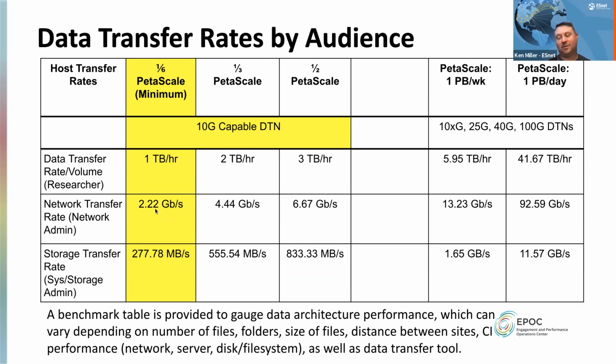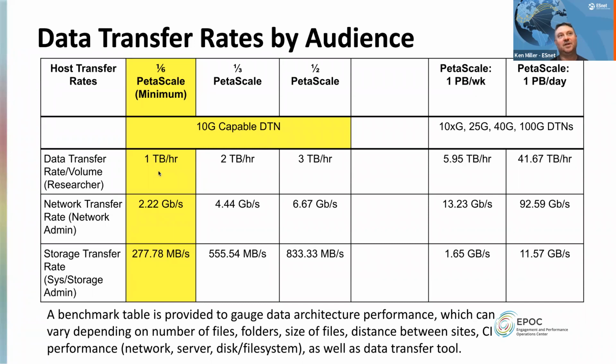But when you talk to different groups, the different audiences, the same number is translated multiple ways. For a sysadmin or storage admin, you're going to see it in megabytes per second versus gigabits per second to a network engineer. And then a researcher really talks about the total data volume, and they do it in rates of hours. So how many terabytes per hour are we looking at here?